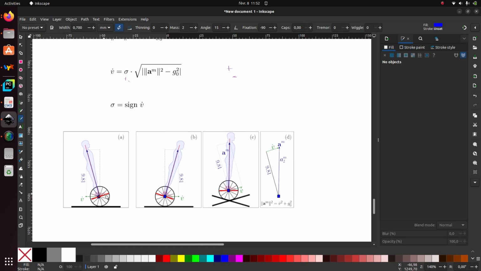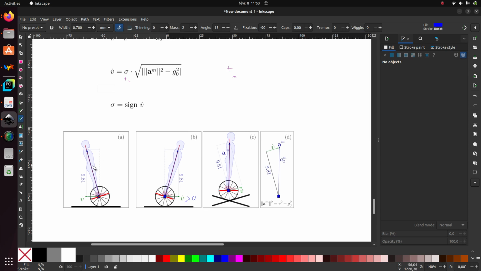So if I consider two situations, where here my hoverboard decelerates, so v dot is on the left, is negative, and here v dot is positive. We observe that in both situations, the driver feels the gravity, 9.81 in the vertical direction, and feels also v dot.